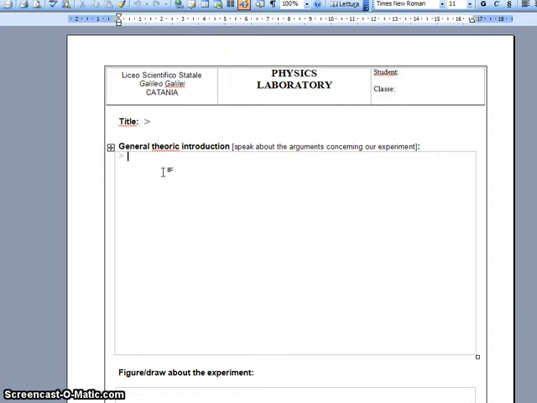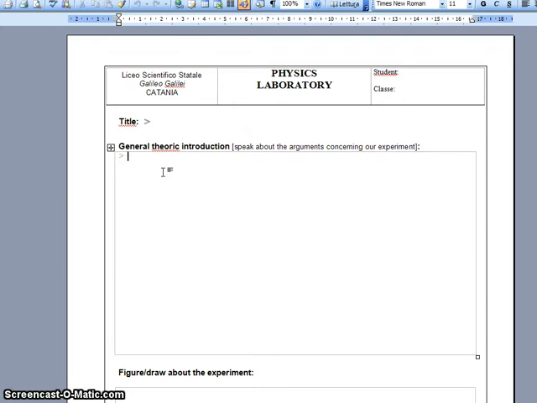With our experiment, we want to demonstrate that the gravitational potential energy that we have at the beginning of the phenomenon is converted internally into kinetic energy.